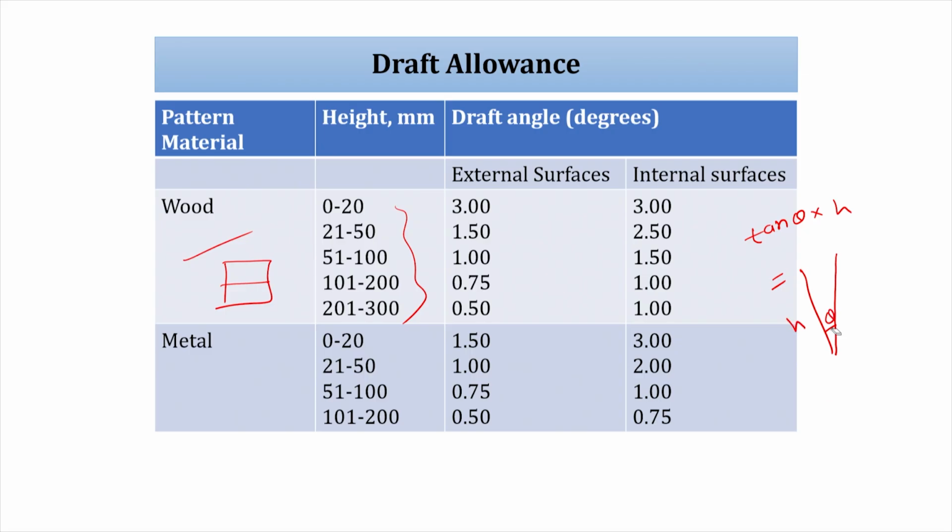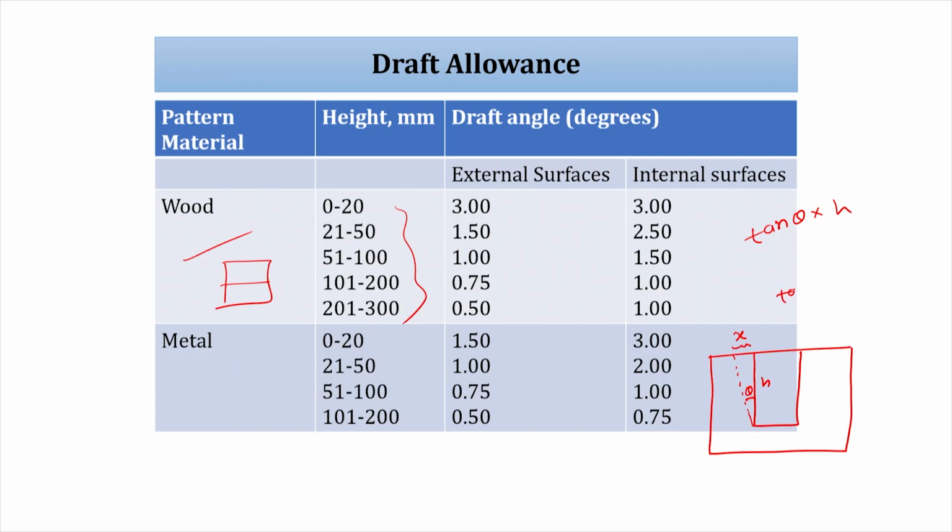Let us assume this is your setup, and you have to provide a draft of theta and you want to calculate x. You know h, tan theta equals x by h, so x equals h tan theta, is it not? You know the angle theta, it is already given, you know the depth, and you can give these allowances.